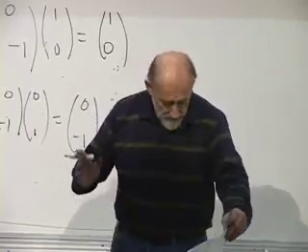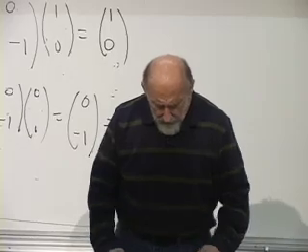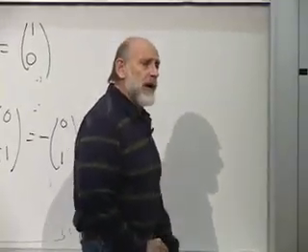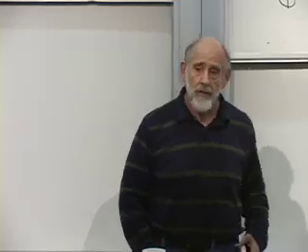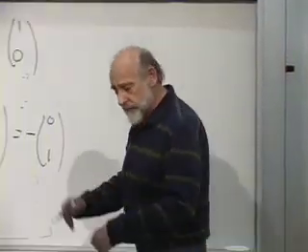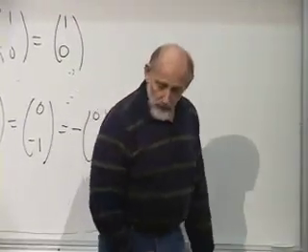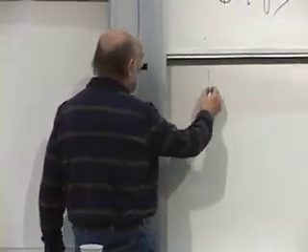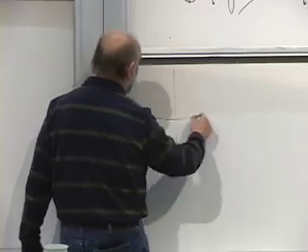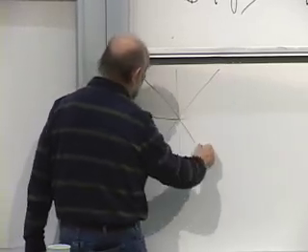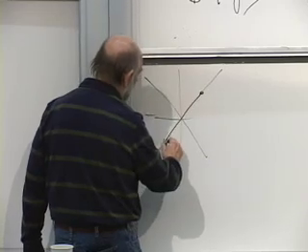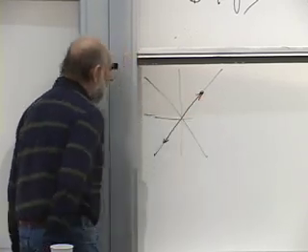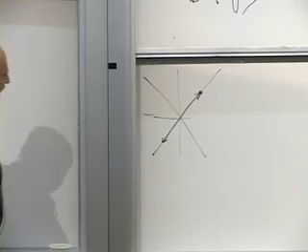Okay. So that's simple. But now you say, wait a minute, what happens if I orient my polarizer in another direction? Nothing's to prevent me from taking my polarizer and orienting it, for example, along the 45-degree axes. Here's a polarizer.